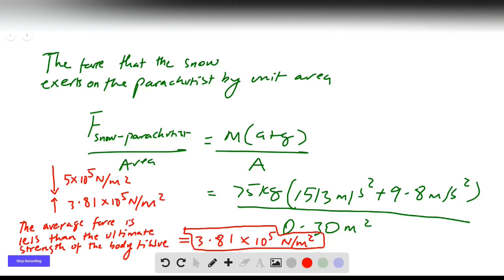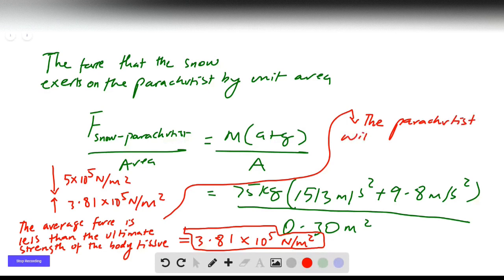The conclusion is that the parachutist will escape without injuries.